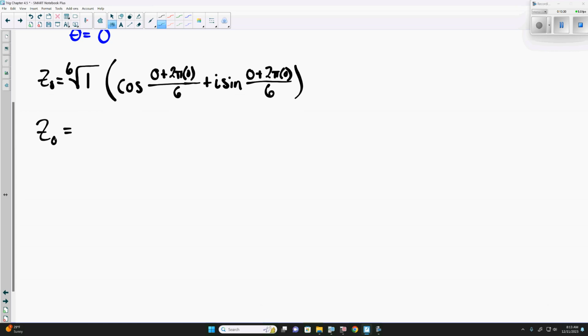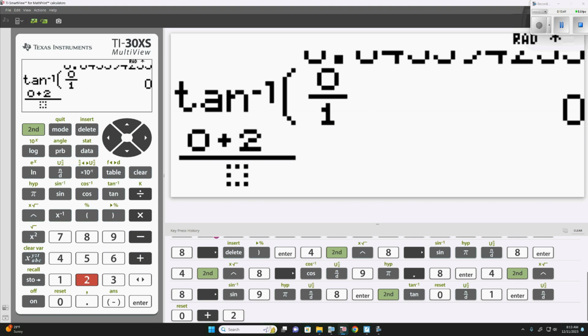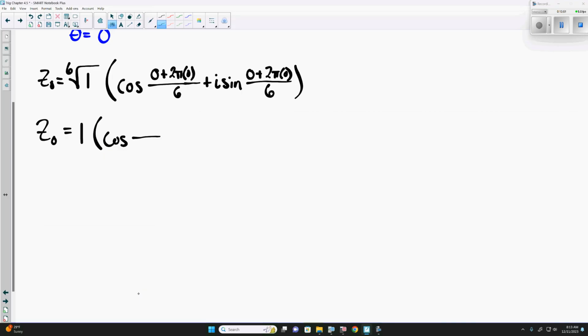Well, for us, the 6th root of 1 is 1 times cosine of, well, 0 plus 2 pi times 0 over 6 is 0.